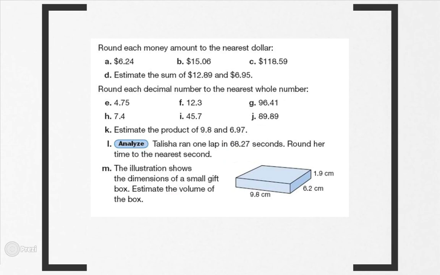L and M, round to the nearest second, which is the whole number. And then the dimensions, we're going to estimate the volume. Remember, what are we labeling it as? In volume, we always do cubic something, and this is cubic centimeters in this case.